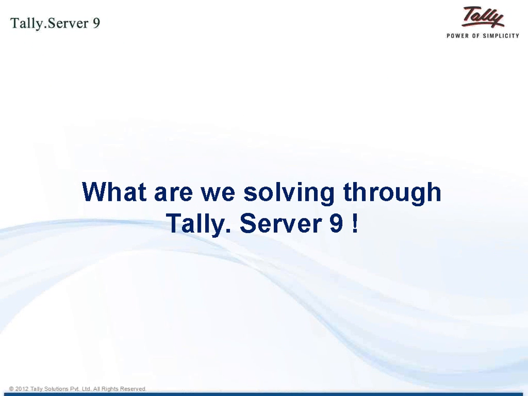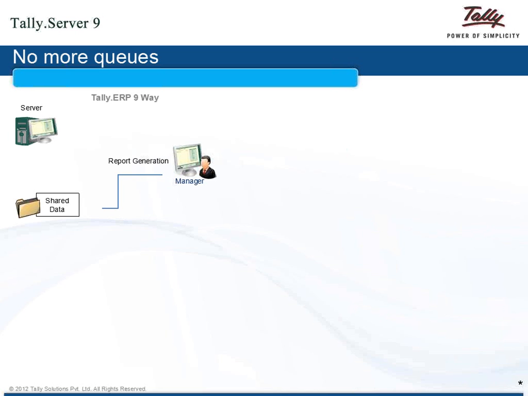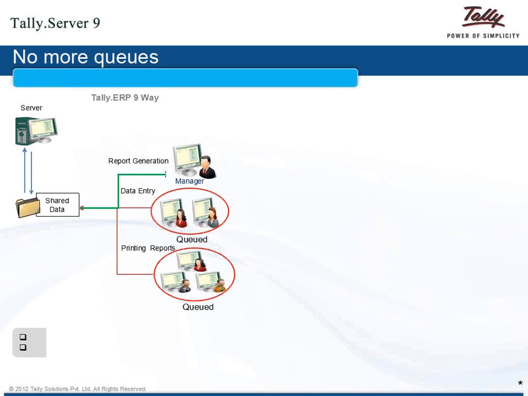So, what are we solving through Tally Server 9? Let us discuss in detail. No more queues. When we see the Tally.ERP 9 way, data is kept in a shared environment, and as it is a single threaded application, when one user is accessing the data, the other users will be queued until the activity is completed.